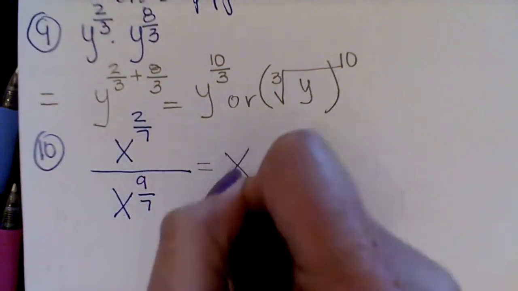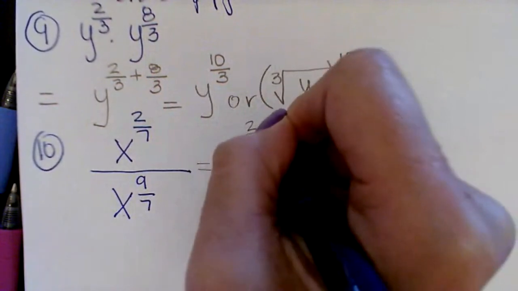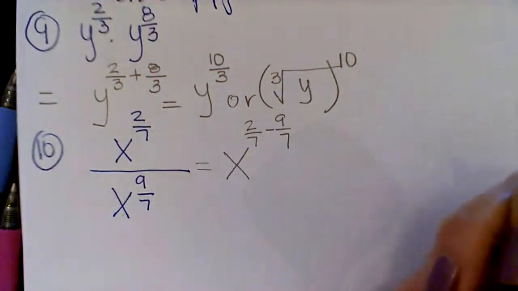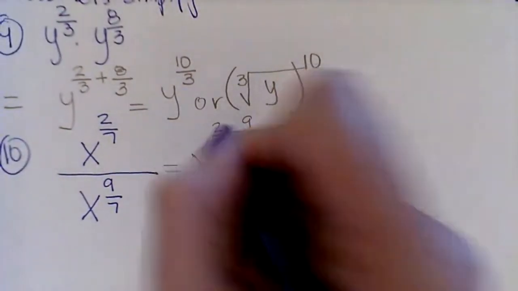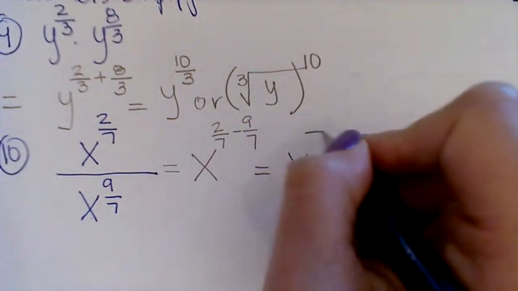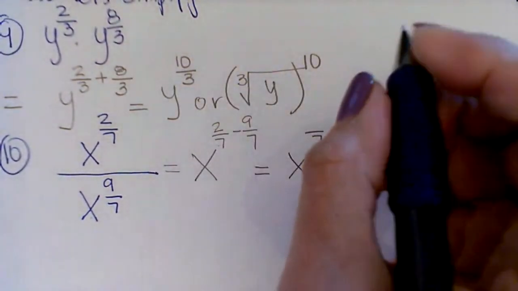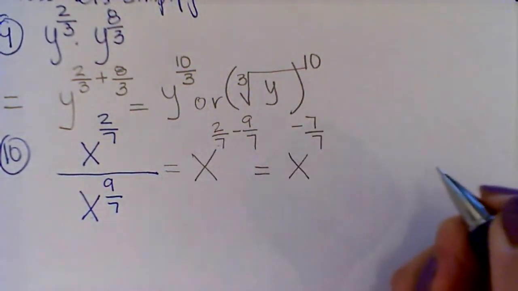Remember, the same base, so I'm going to subtract the exponents. 2, I have the same denominator, I'm going to subtract the numerators. 2 minus 9 is negative 7.